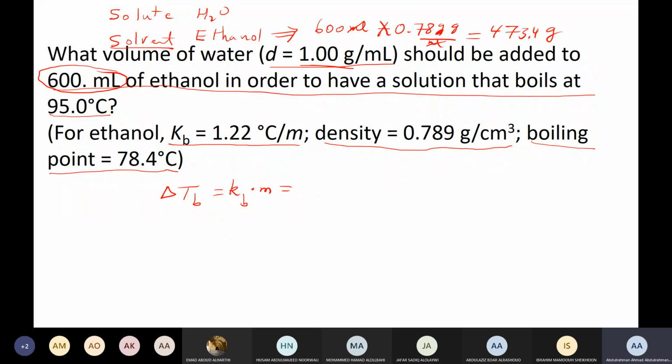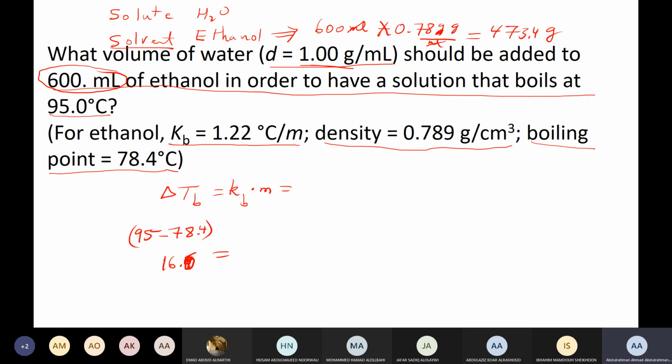What's delta T? 95 minus 78.4. And the answer is what? 16.6.